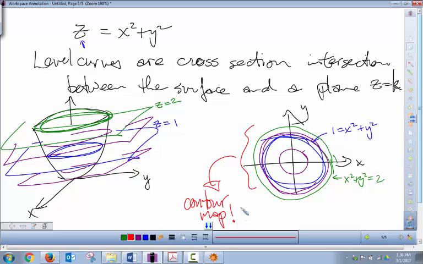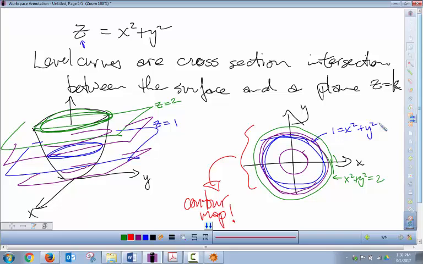The contours describe your surface with respect to different heights. And most of the time, the contours are labeled by the height. They don't actually come up with an equation because sometimes you can't describe it using an equation, and so they just label it by a particular height.